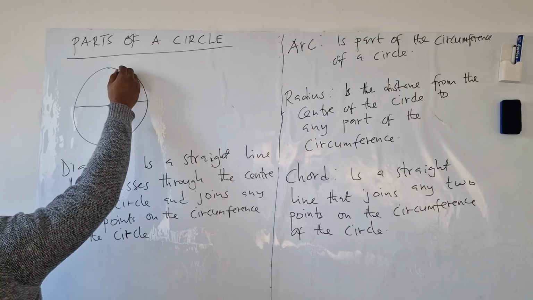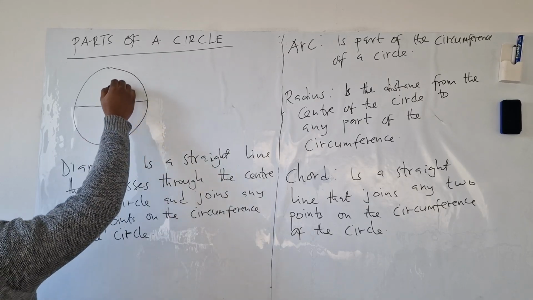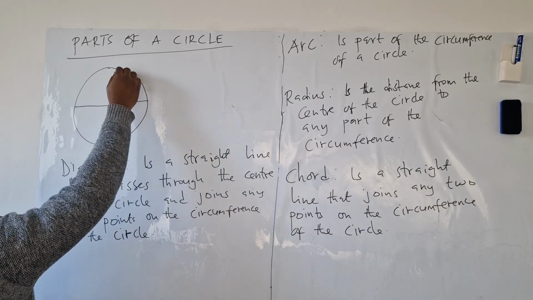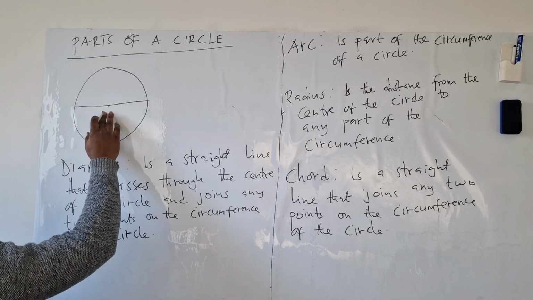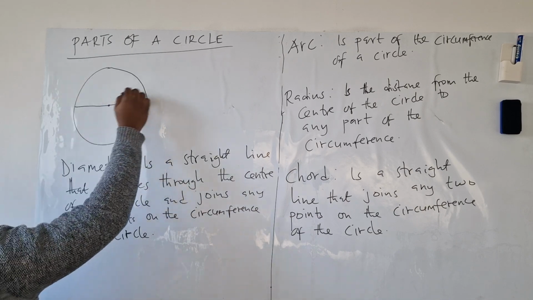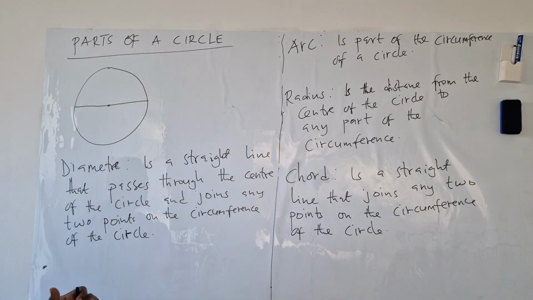If I draw a line through this way, it's also a diameter. It's also another diameter, right? Good. So the diameter, you can have it in so many directions. Suppose it passes through the center and joins any 2 points on the circumference of the circle, it becomes a diameter.